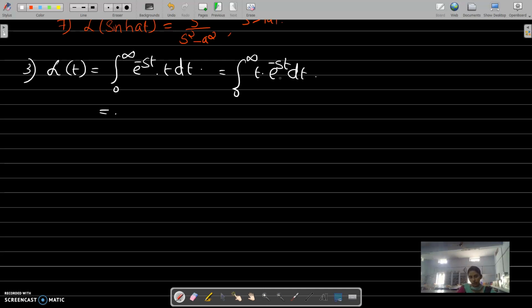That is the integral of two functions: t, and the integral of e raised to minus st, that is e raised to minus st by minus s. Then the integral of uv is actually u v1 minus u dash v2 plus u double dash v3 and so on. What is u here? u is the first function.